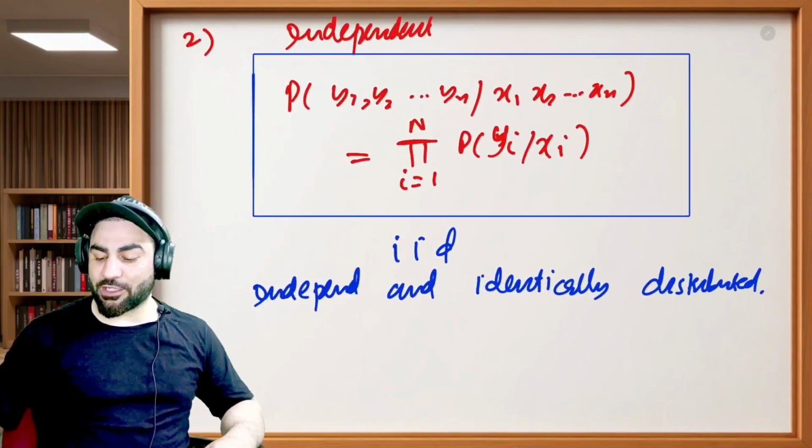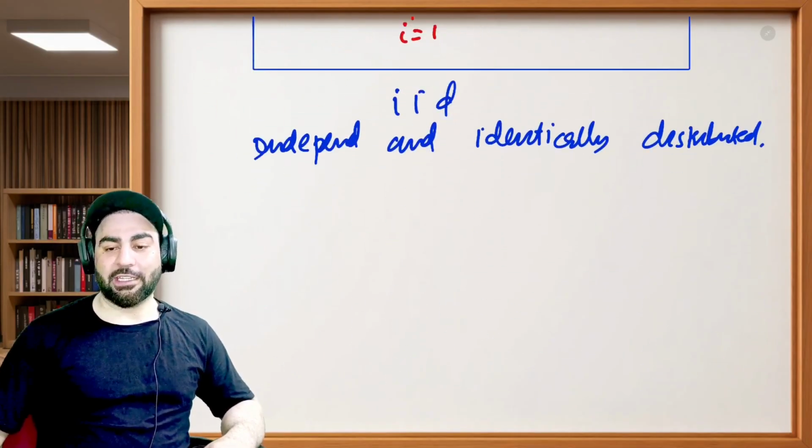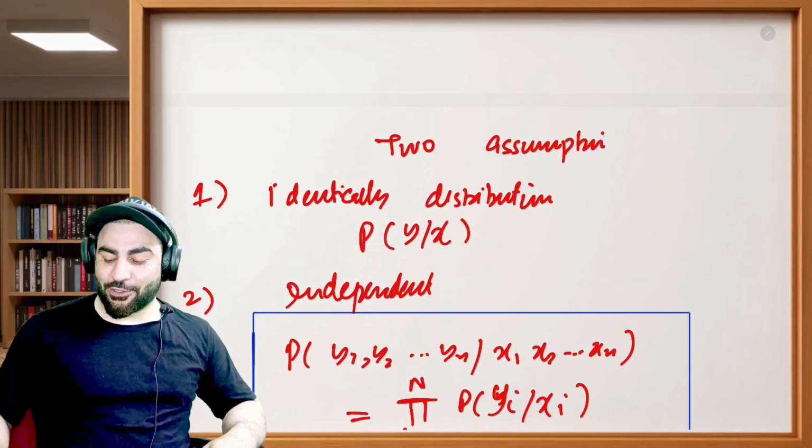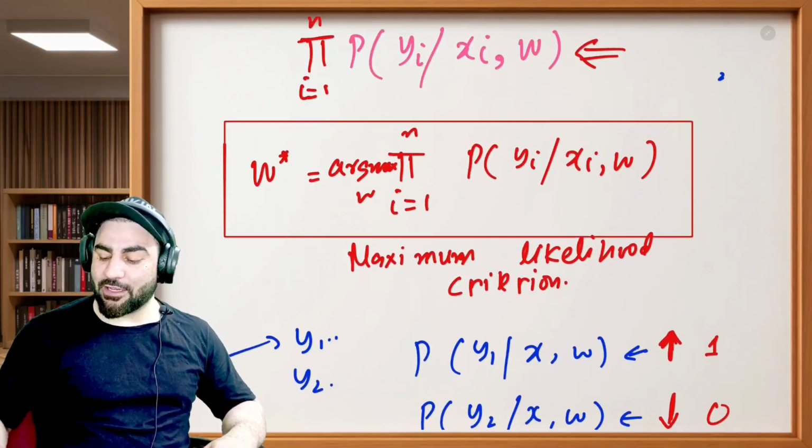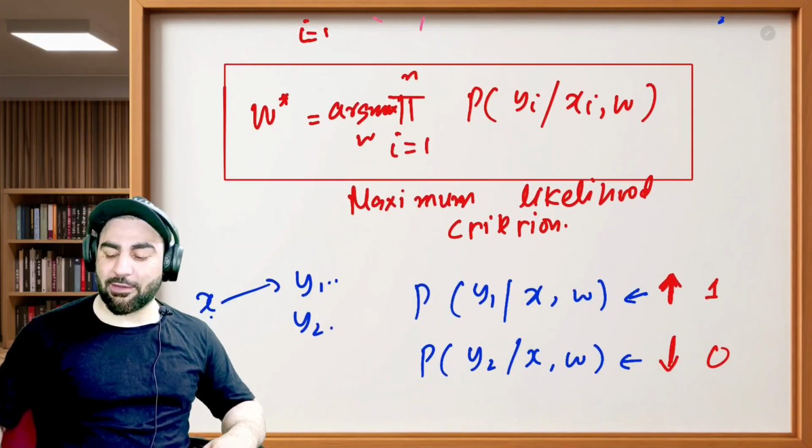Okay, now we have two assumptions: the data points are IID, and we have the maximum likelihood criterion. Now if you see the problem here, these probabilities will be less than 1 and greater than 0.